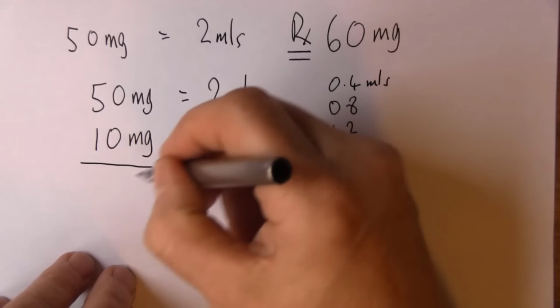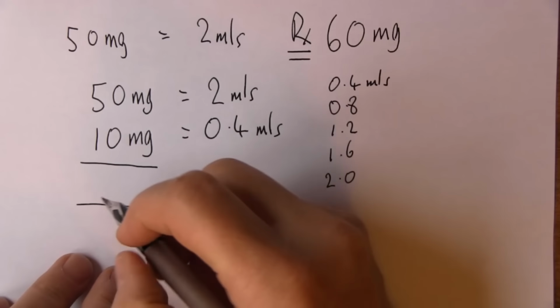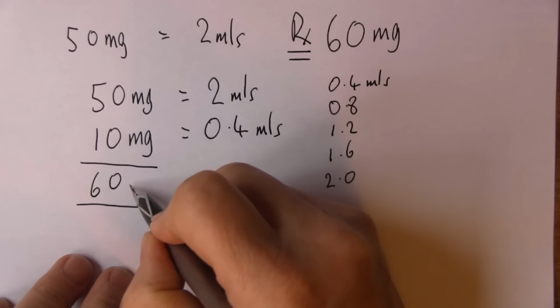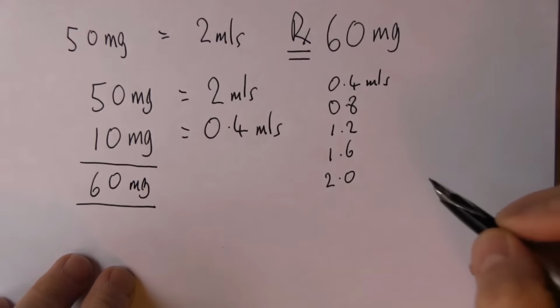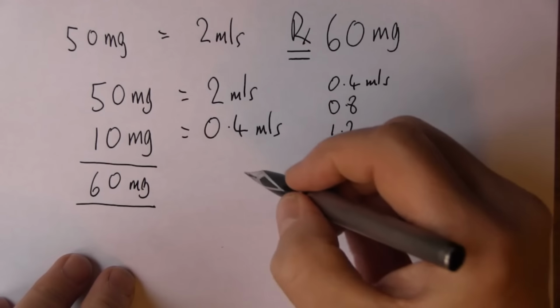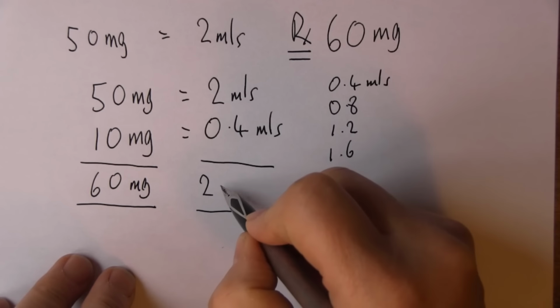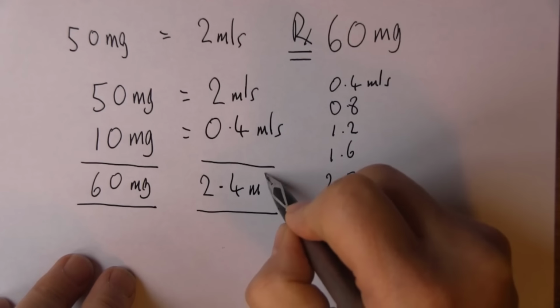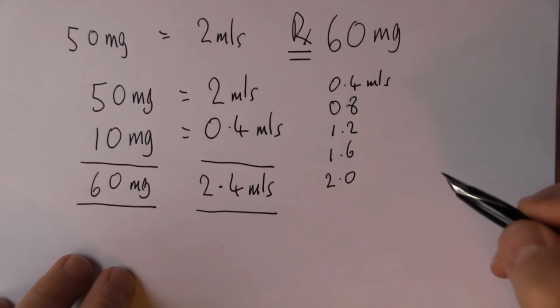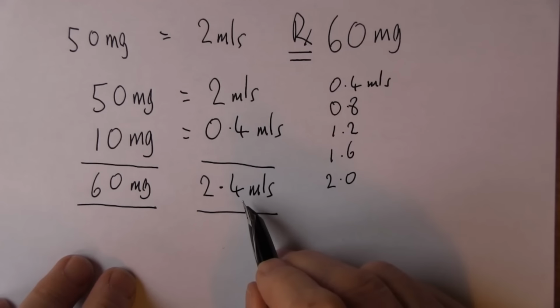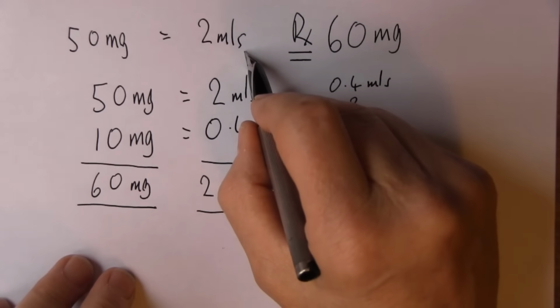So again, I can add that up. 50 and 10 is going to be 60 milligrams. So to work out the equivalent volume, I need to add these two up. So that's going to be 2.4 mils. So to give 60 milligrams, I need to give 2.4 mils of the fluid that is in this supplied ampule.